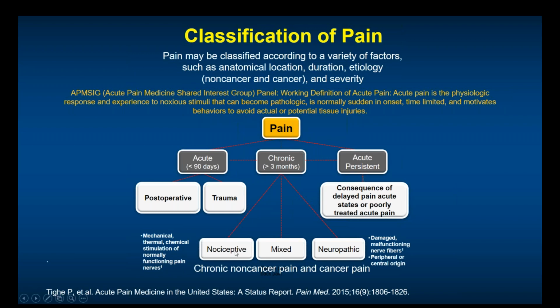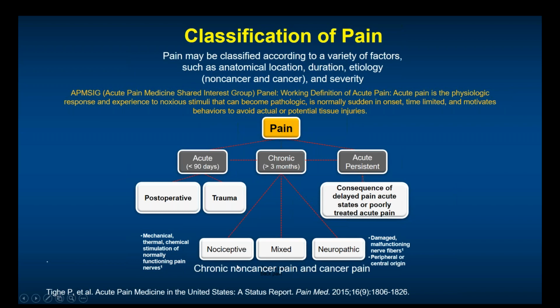And then with chronic pain, we have nociceptive pain, pain that comes from the activation of these pain receptors, mixed pain, which is a combination of nociceptive pain and neuropathic pain. And neuropathic pain is pain that comes from damage to the nervous system itself and the nerves.